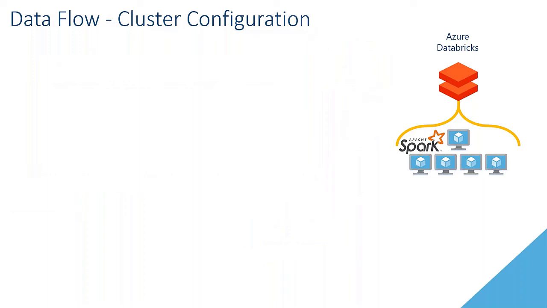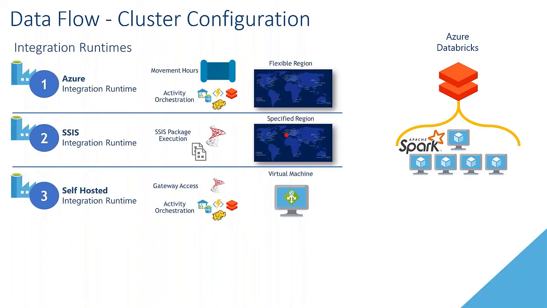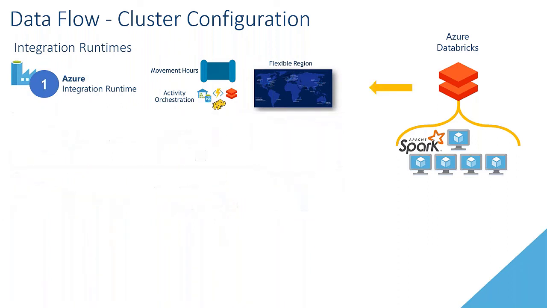The last thing I want to tell you about is configuring that cluster. Where do we actually tell Data Factory what compute we want? This is where I come back to my integration runtimes. The first of our integration runtimes is where we tell Data Factory what cluster we want our data flows to run on.